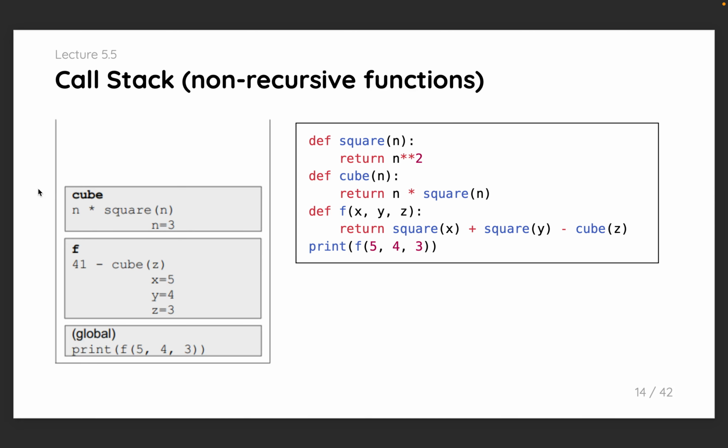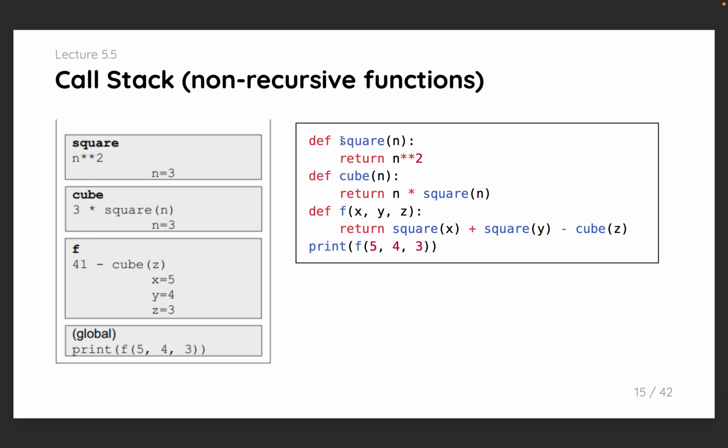So on top of this cube plate, we will have a square plate, a plate for this call to square with n equal to 3. This call to square is represented by this topmost plate.